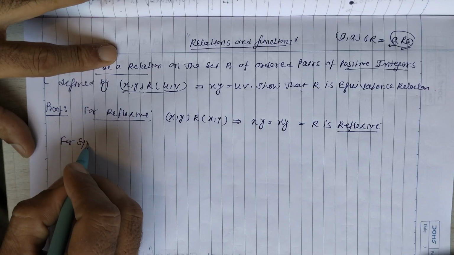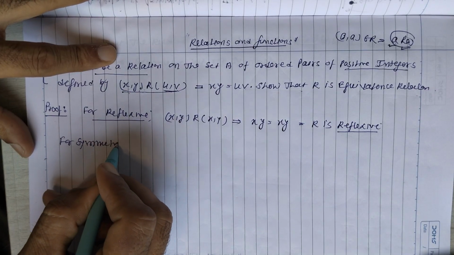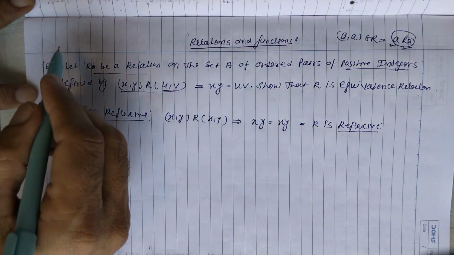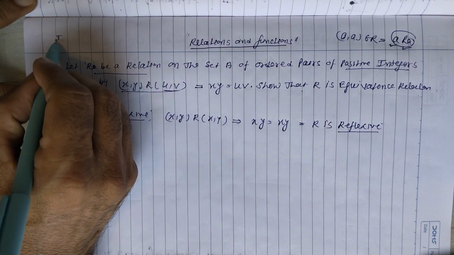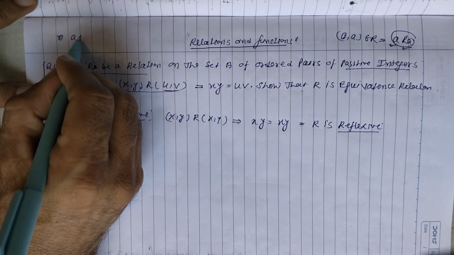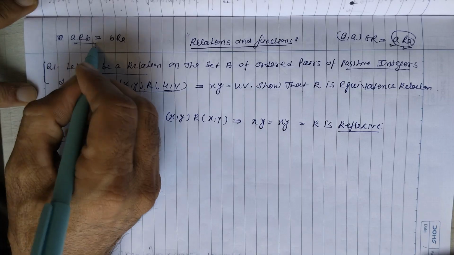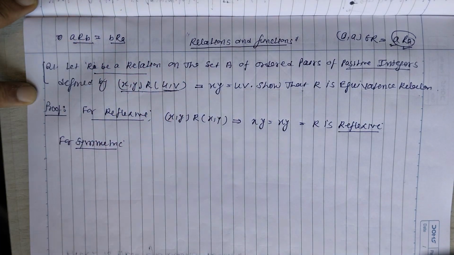To prove it's symmetric, what is the rule of symmetric? We know that the rule of symmetric is A related B implies that B related A, order changed.